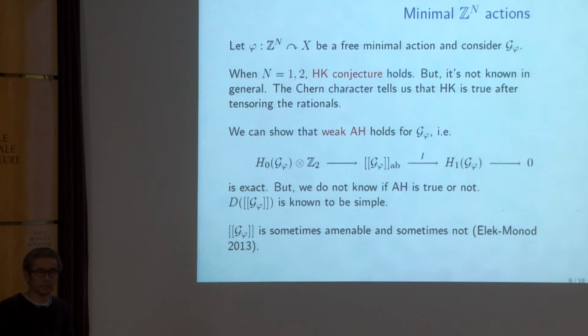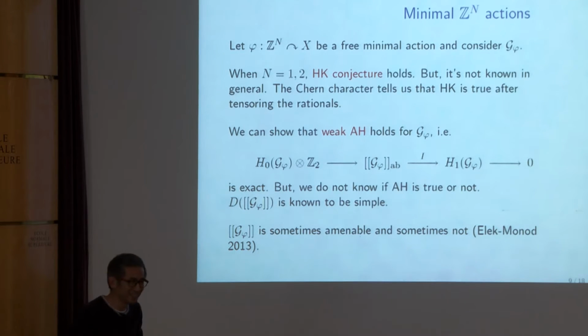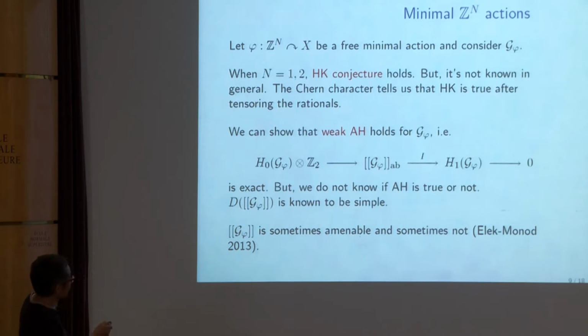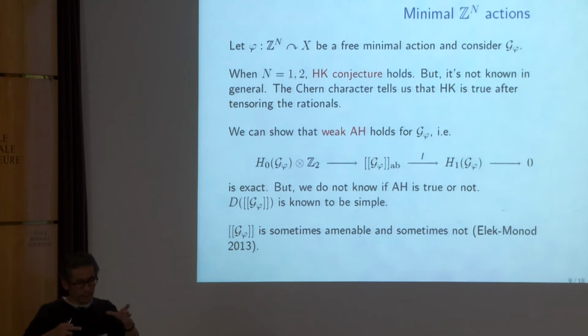Yes, I can ask: what is this other map from H0 tensor Z2? Good question, I didn't mention it. There does not exist a clear canonical definition, but I can give you an informal definition. Take a clopen set, and suppose this clopen set is not so large. Then I can find another clopen set, disjoint from the original one, with the same equivalence class in H0.